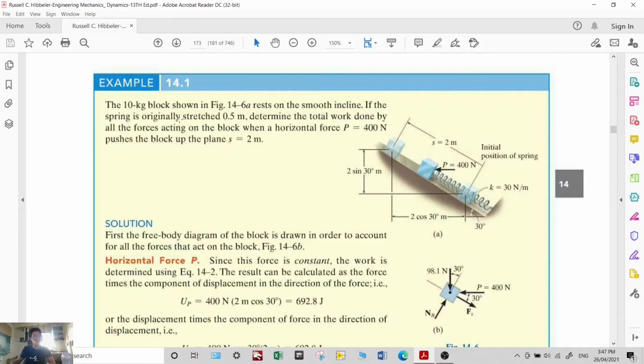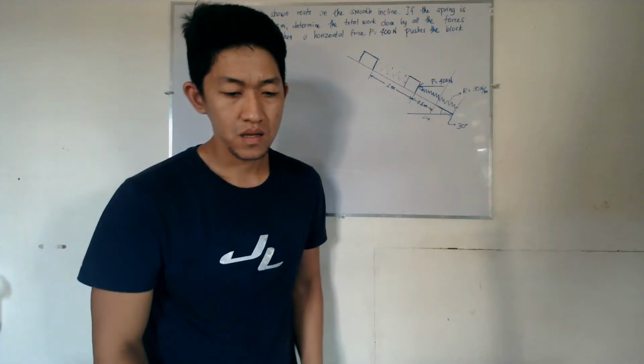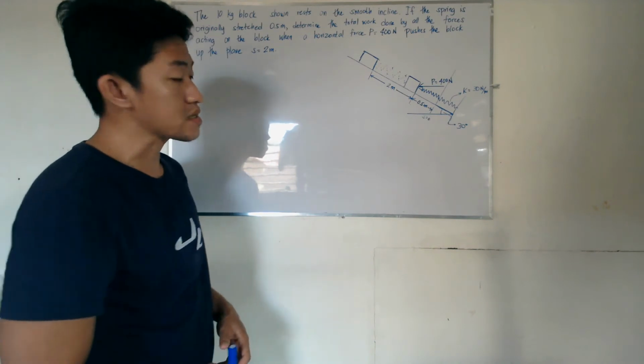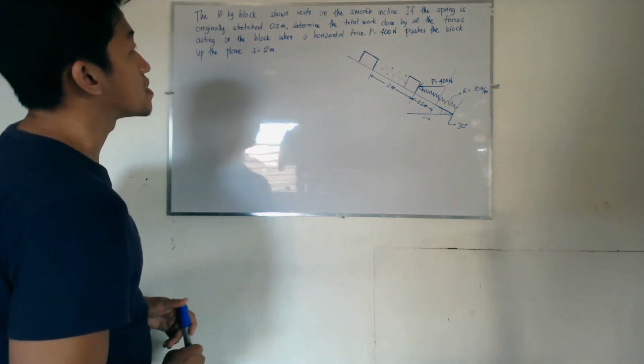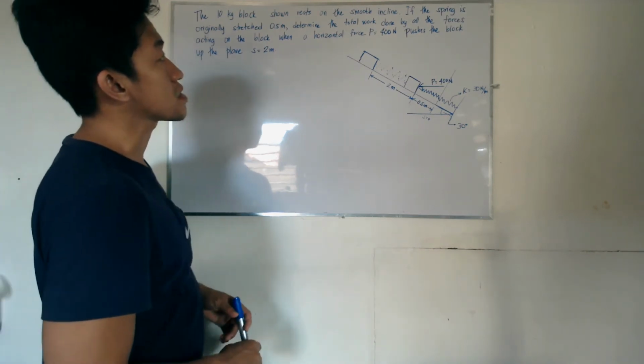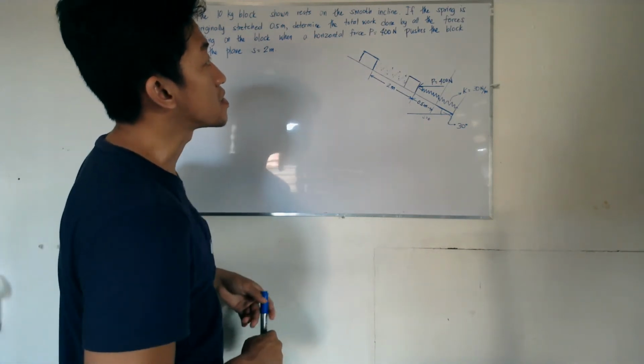If the spring is originally stretched 0.5 meter, determine the total work done by all the forces acting on the block when a horizontal force P equal to 400 Newton pushes the block up the plane 2 meters. So this is the problem, and we have a 10 kilogram block resting on a smooth incline.